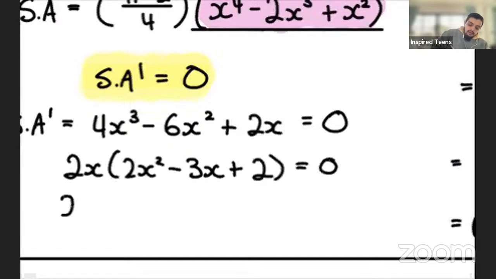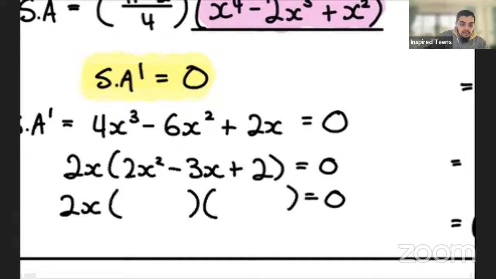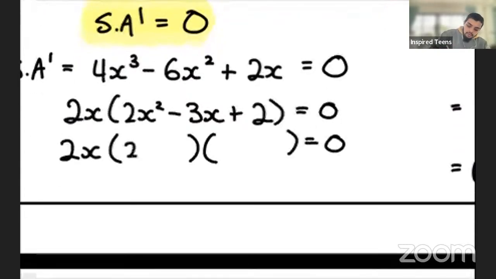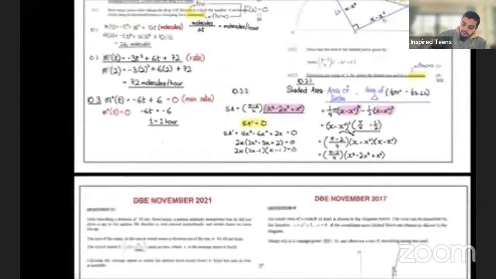Now in the brackets, we have a trinomial, so we can do some trinomial factorization. When we do that, we get 2x minus 1 and x minus 1.